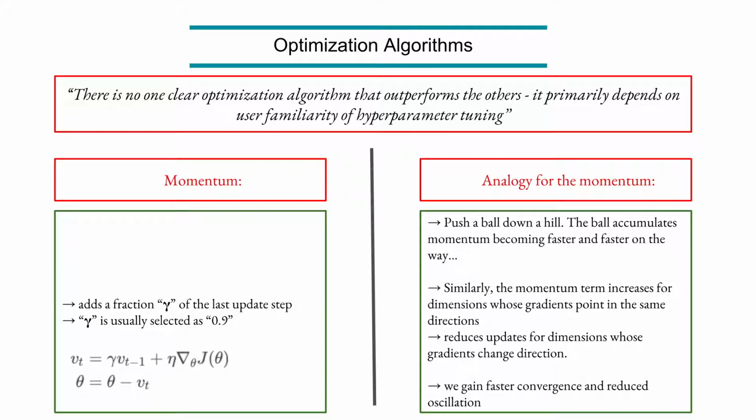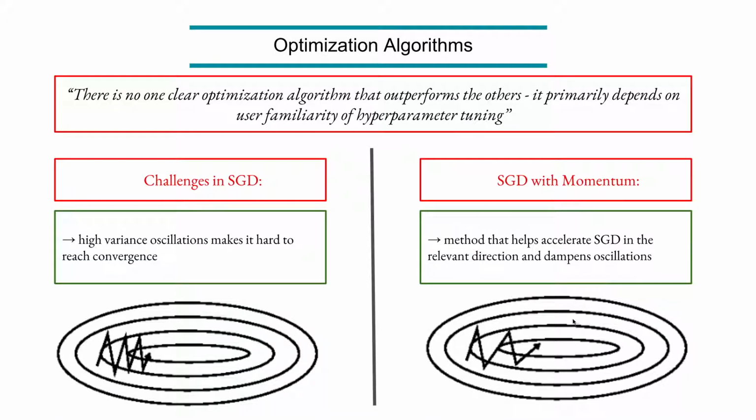Similarly, the momentum term increases for dimensions whose gradients point in the same direction. So here SGD was oscillating. This is our global minima, right? In SGD, it was oscillating in other dimensions which are not going to the global minima. But momentum helps to go faster to the global or local minima.